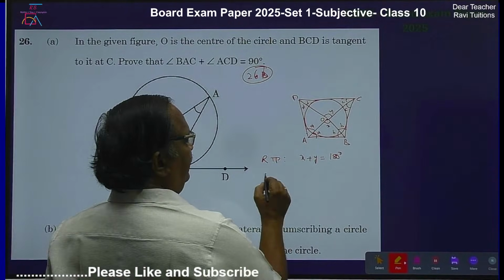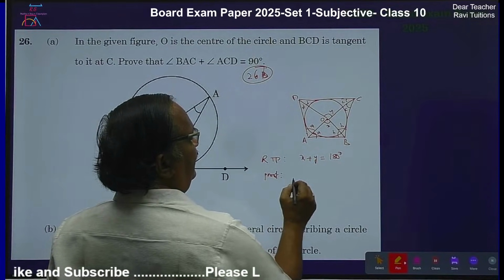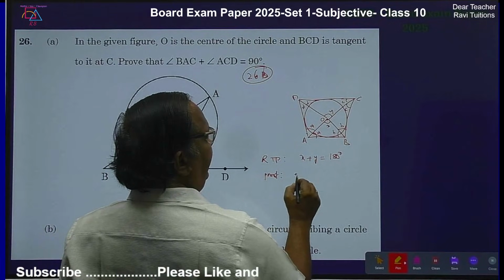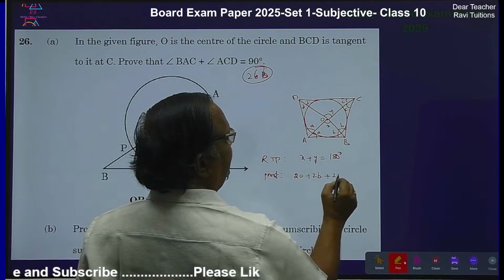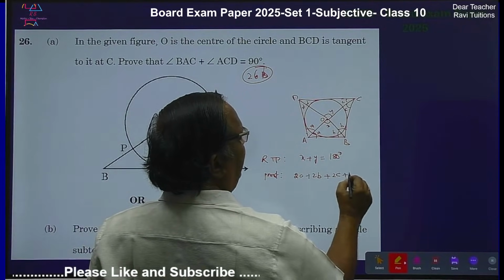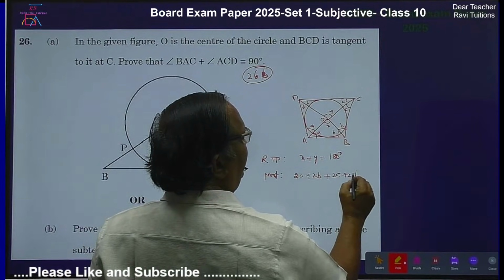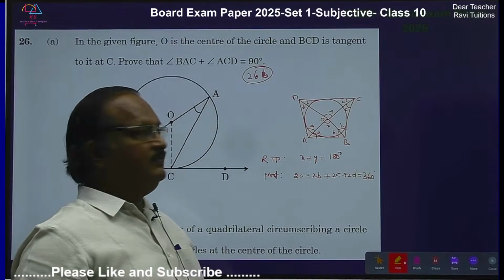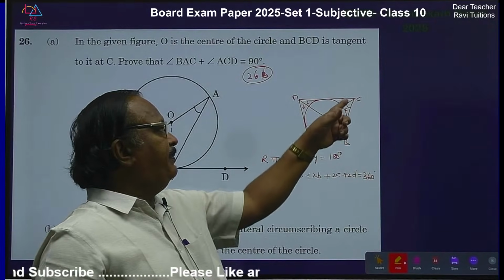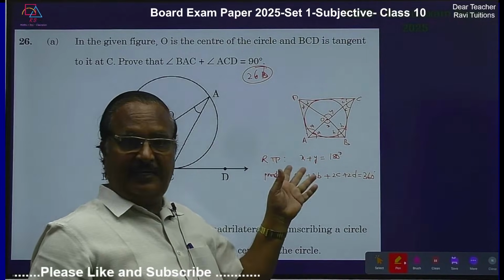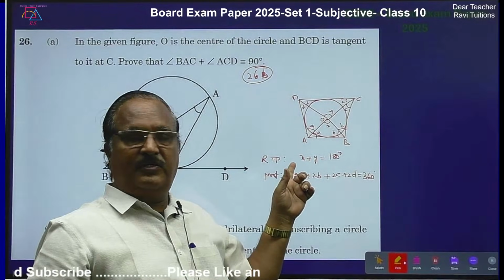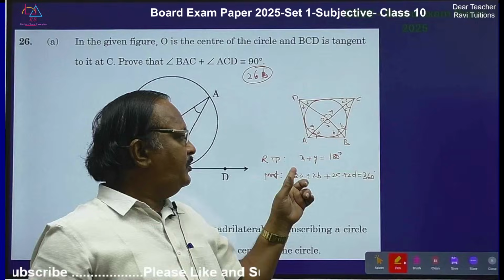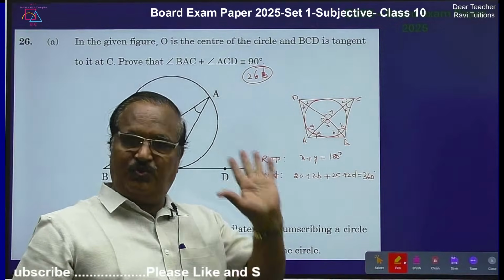So proof: 2A plus 2B plus 2C plus 2D is equal to 360 degrees. Angle A plus angle B plus angle C plus angle D. I did not write it. So across you cancel 2.